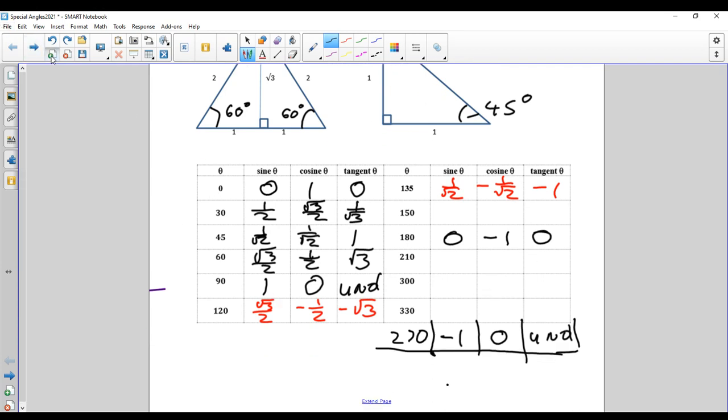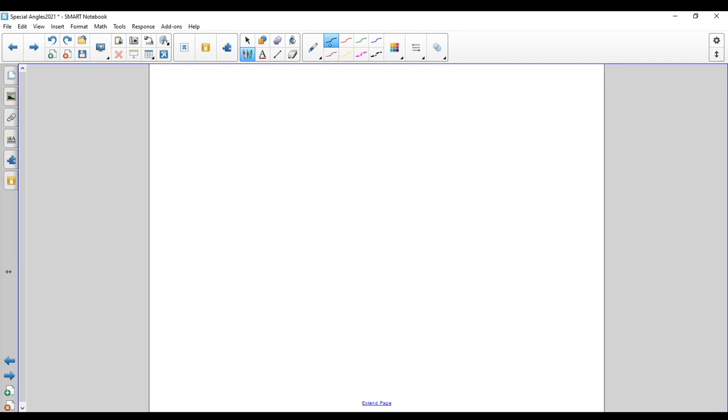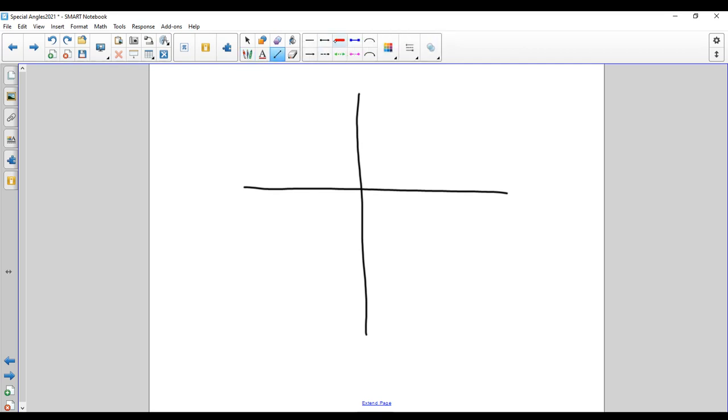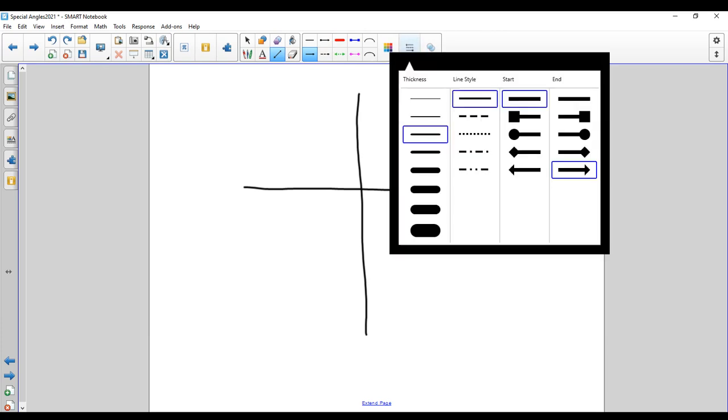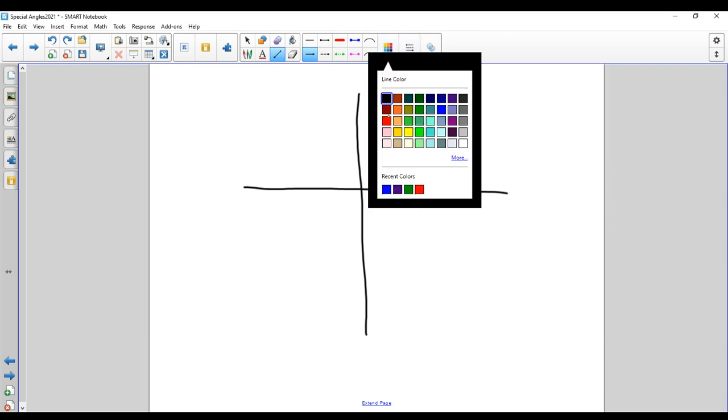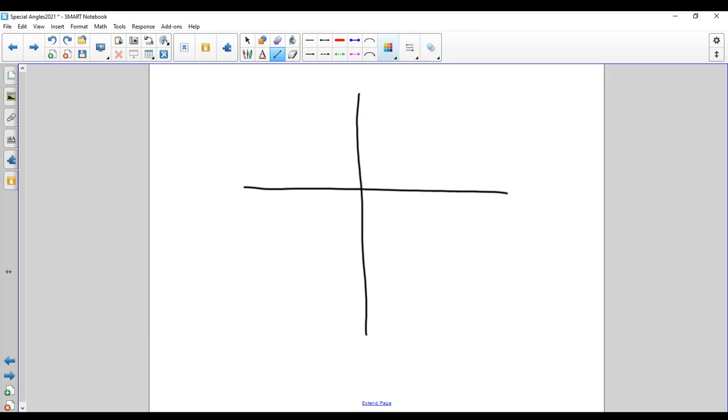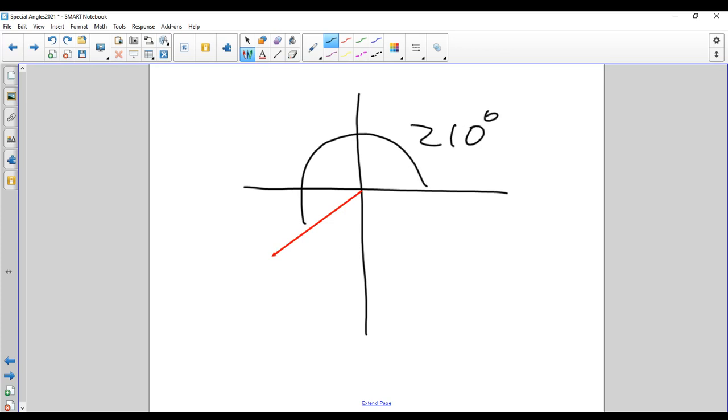So here comes my quadrants, and here comes my arrow. Somewhere down here. And measured from here, that's 210.